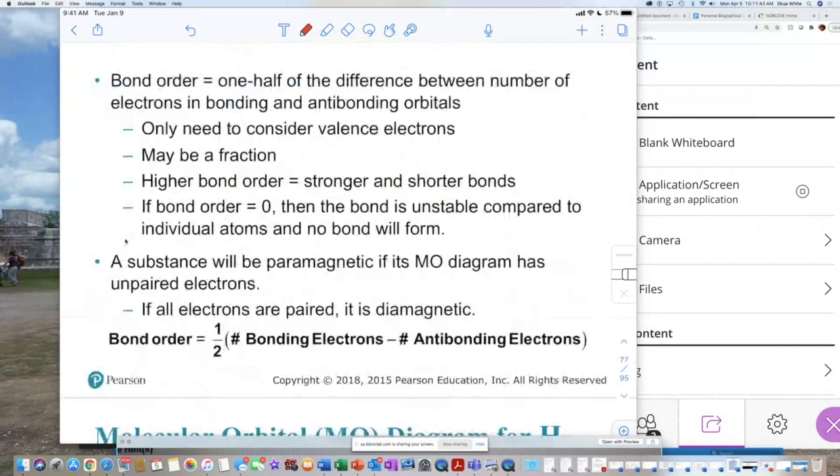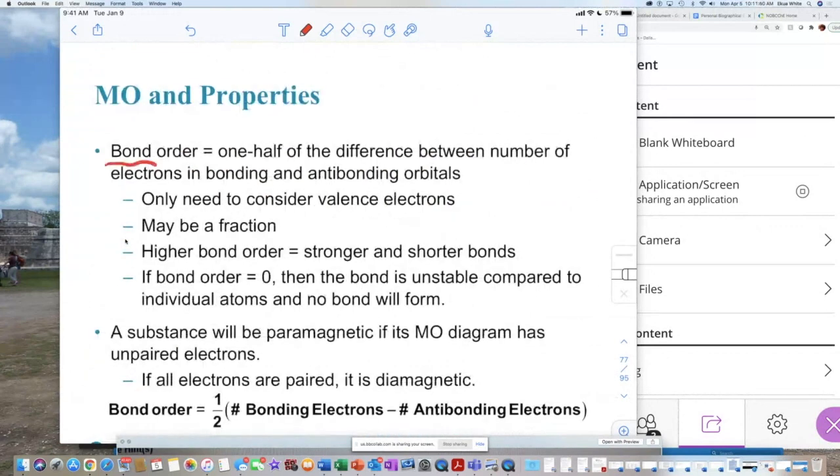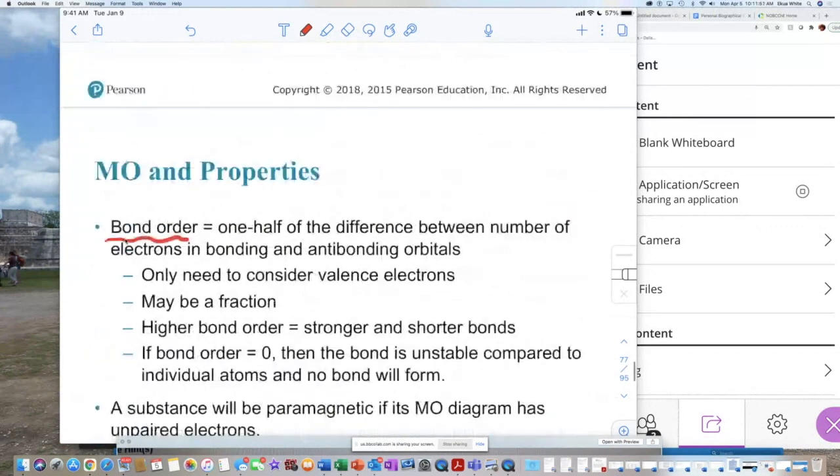There's one more thing I want to cover before I start drawing the orbital diagram, which is that we'll be figuring out bond order. Remember earlier I told you about the bond order of the nitrate ion, which would be N single, N single, N single with the O here, O here, O here.